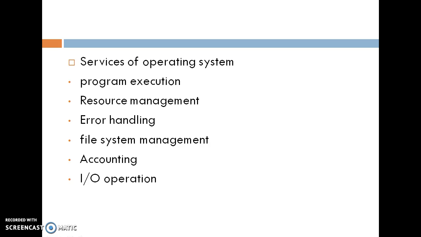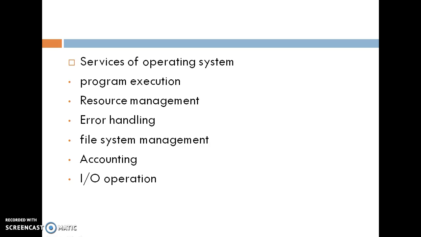So the operating system has to take care of resource management. To execute the program, we need to allocate different resources. So the operating system must be able to allocate these resources, and when the program terminates, it must be able to deallocate the resources. So the next service that is given by the operating system is resource management.